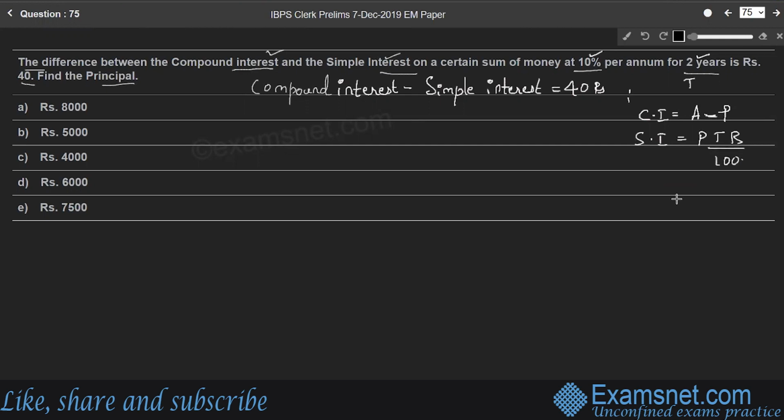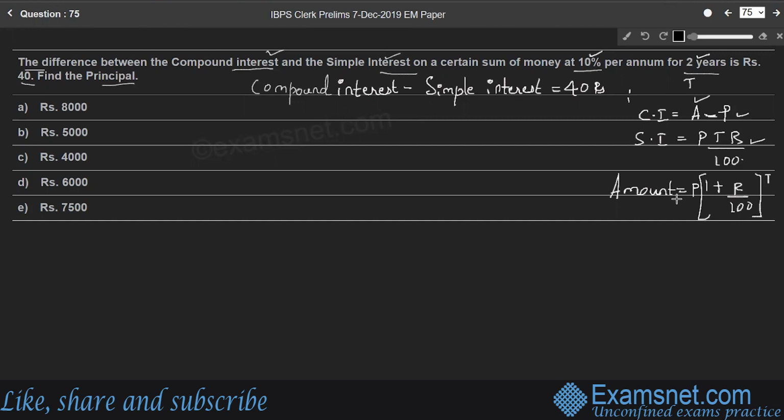So in terms of principal, what is amount? Amount is equal to principal into 1 plus R by 100 to the power of time. Right. So substitute these terms.